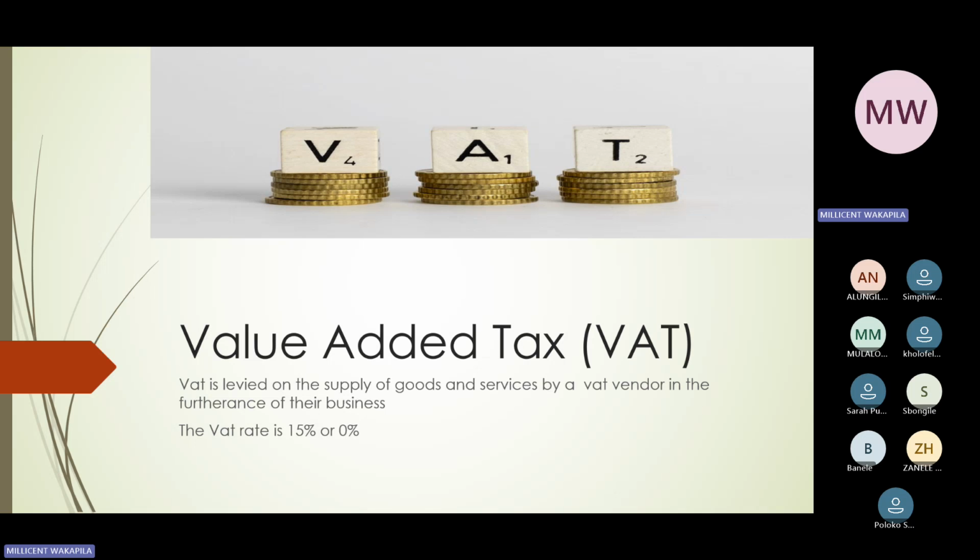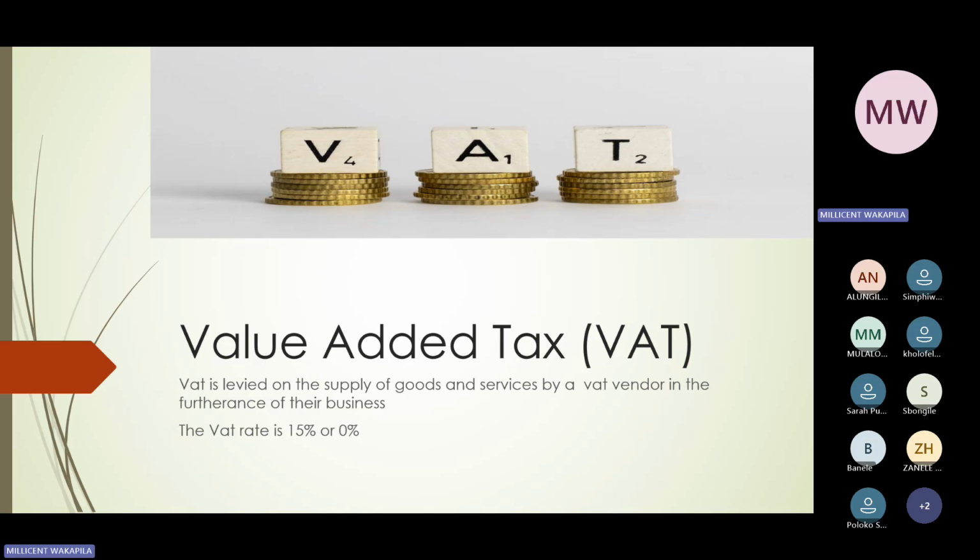So, as discussed from our previous classes, VAT is a type of tax, right? We all know that we are doing tax, we are in the tax module, and we are taxed in various ways, according to the South African government. One of the ways that we are taxed is through VAT. I explained in the previous classes that when we are taxed through VAT, we are levied on the goods and services that we buy on a daily basis, right?